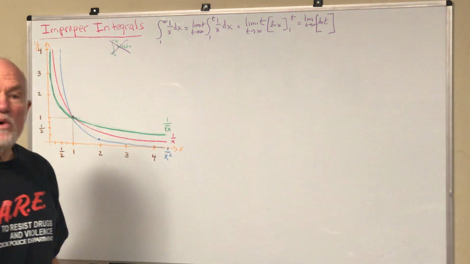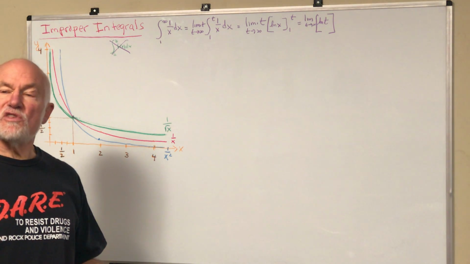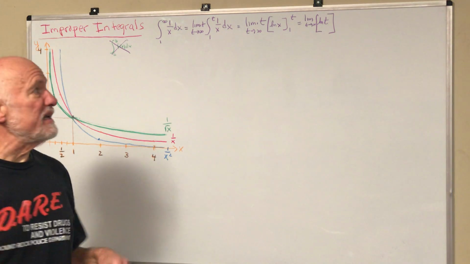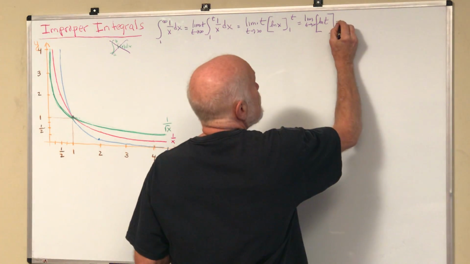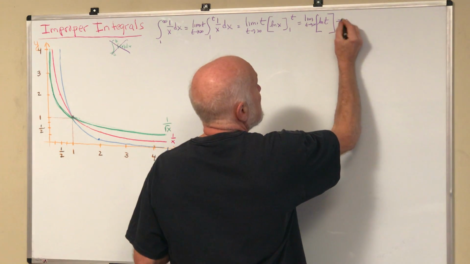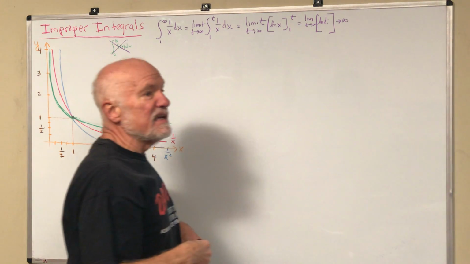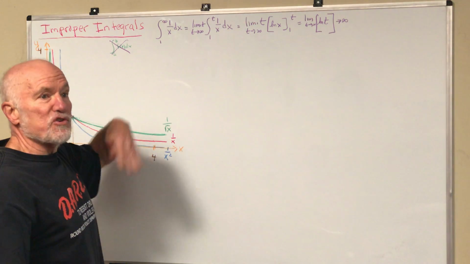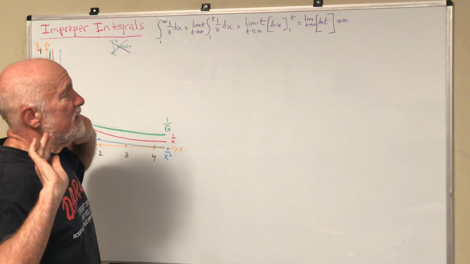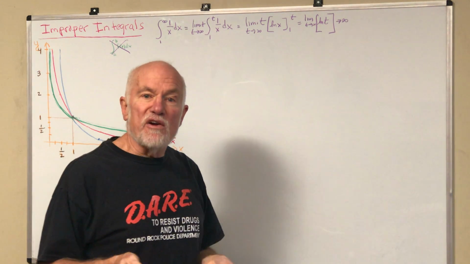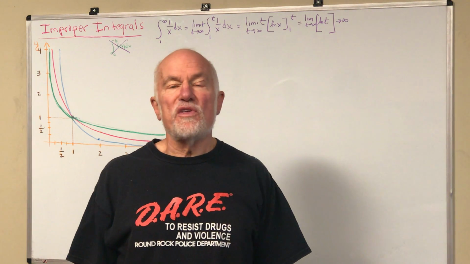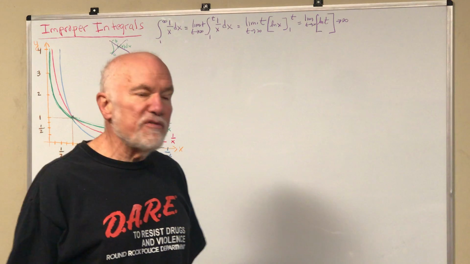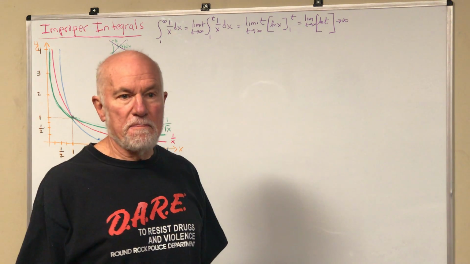So we just have to say, what does the natural log function do as t approaches infinity? Well, it goes slowly, but it keeps growing. It goes all the way to infinity. So we would say that the integral diverges. It diverges to infinity. So the amount of area is an infinite amount of area, more than we could possibly imagine. And that might have gone along with your intuition.